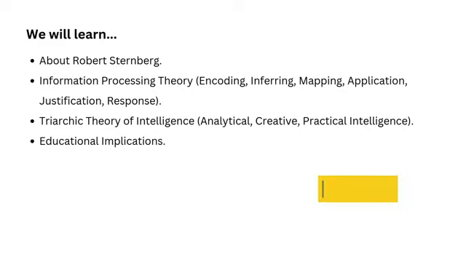After that, we will dive into his most famous concept, the Triarchic theory of intelligence, which is a comprehensive theory that breaks intelligence into three areas. We will look at those in detail and talk about how these types of intelligence work together. Finally, we will wrap up by discussing how all this applies to education, because understanding intelligence doesn't just matter in theory, it impacts how we learn and how teachers can help students like you succeed.